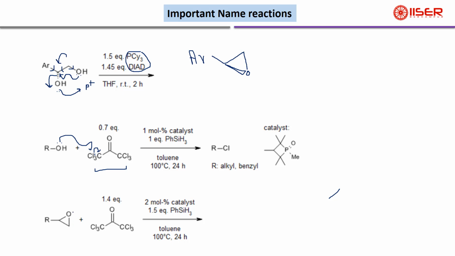So suppose, in this case also they have given this phosphorus catalyst. This phosphorus catalyst will react with this chlorinated species, generating a positively charged intermediate.